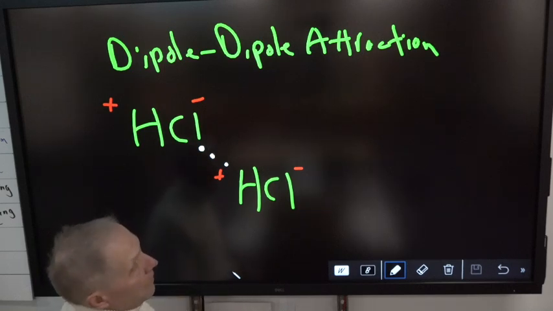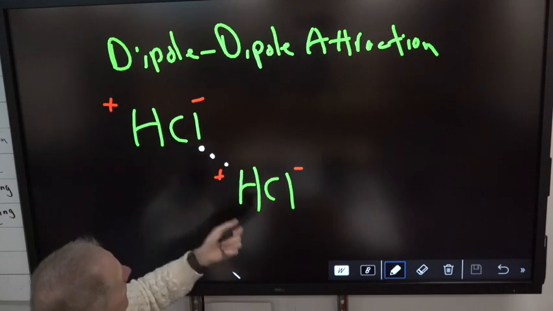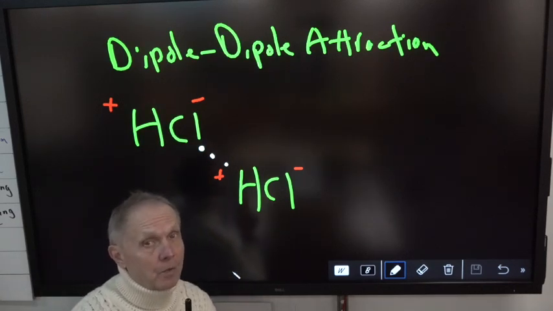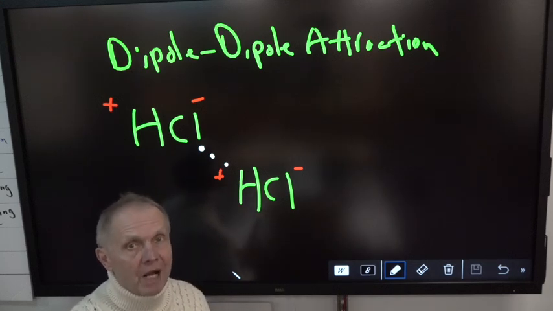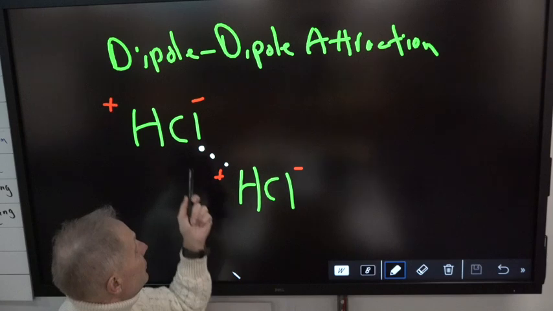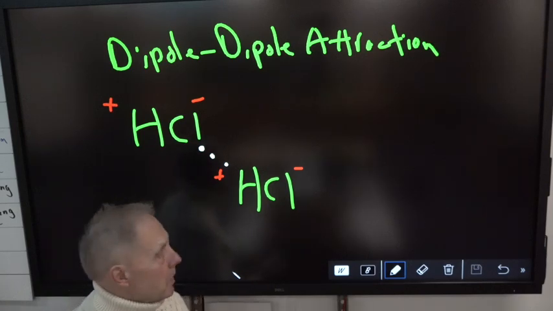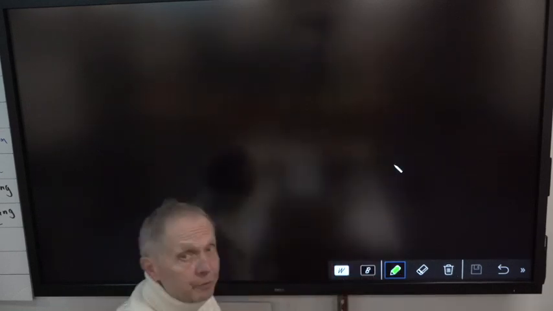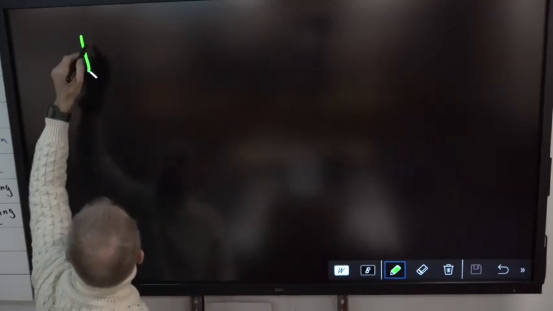Okay, so remember, just normal polar molecules usually have dipole-dipole attraction. But if it's a strong polar molecule, then it's not dipole-dipole attraction. And that's the next one we're going to go over. The next bond we're going to go over is super important, and it's called this.